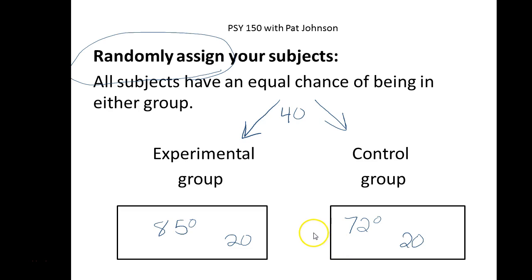In that case, every student had an equal chance of being in either group, and that's random assignment. It's a really important part of an experiment, and please don't confuse random assignment in an experiment with random sampling that we used when we're talking about surveys.